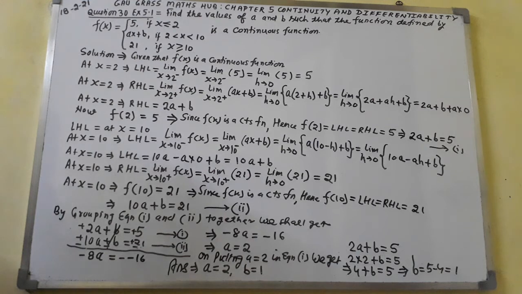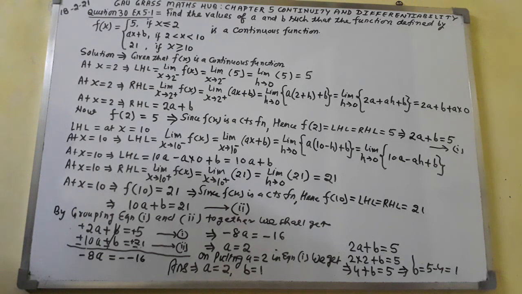The correct answer is the value of a equal to 2 and the value of b equal to 1. This is the proper explanation and solution of question number 30, taken from exercise 5.1, chapter 5, continuity and differentiability.